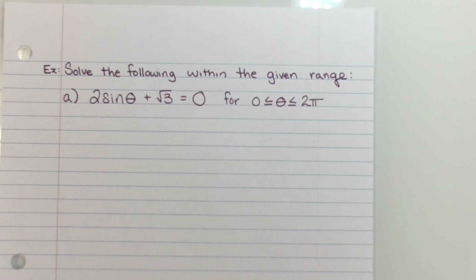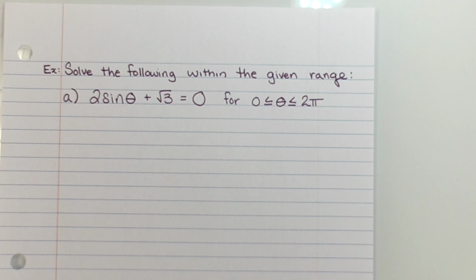And when you come across this, you can't overthink it. You know how to solve trig when it's trig of theta equals number. You've known how to do that for a long time. So if I give you this, the first thing you want to do is get it as trig of angle equals number.